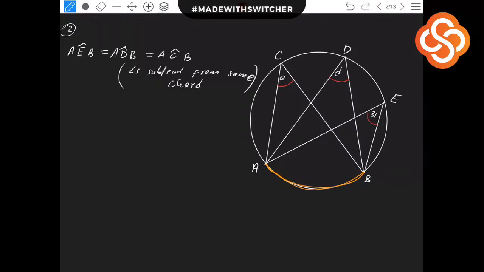So because of this, we know that angle ADB is D. So D is equal to angle ACB, which is E. Therefore this whole thing is equal to 31. D is equal to 31 degrees and E is equal to 31 degrees. So we're done solving the question, just like that.